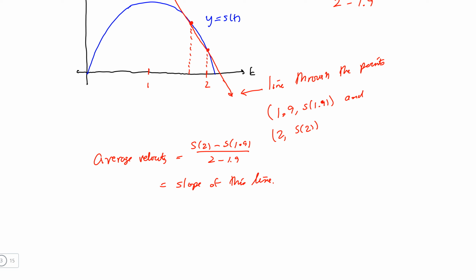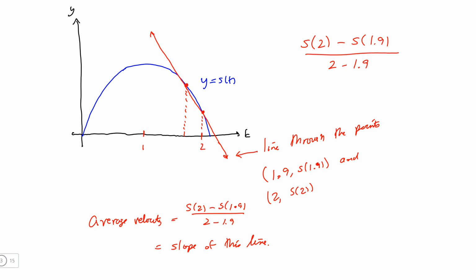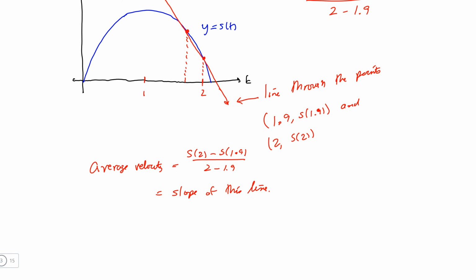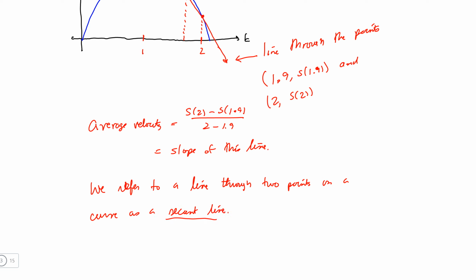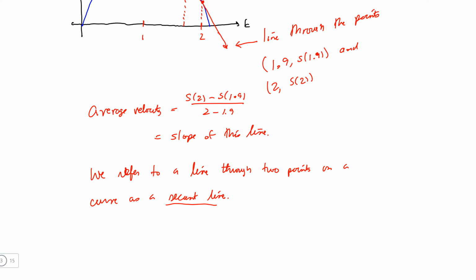When we have a curve like this and a line that goes through 2 points of the curve, we refer to this as a secant line. So our average velocity is actually giving me the slope of a secant line.